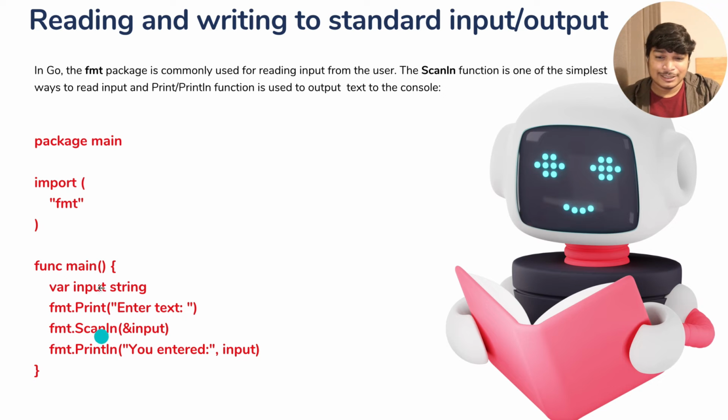Then fmt.Scanln, and you are passing a pointer to the input. Okay, so it will get the value from the user input or console input and put the value into the input variable. Okay, and then you're printing whatever data you're getting. Now let me quickly run this in the actual application and explain a bit more.